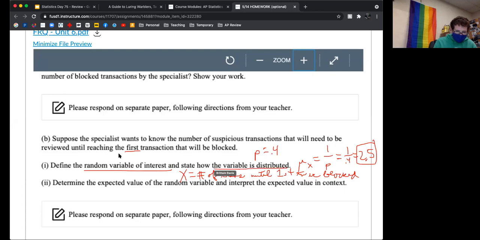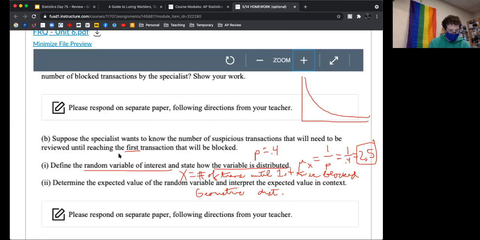We could say this is a geometric distribution, and that should be sufficient. I will say, and you shouldn't have to explain this, but a geometric distribution looks like this. It is not a normal distribution, but you shouldn't have to describe that aspect of it.